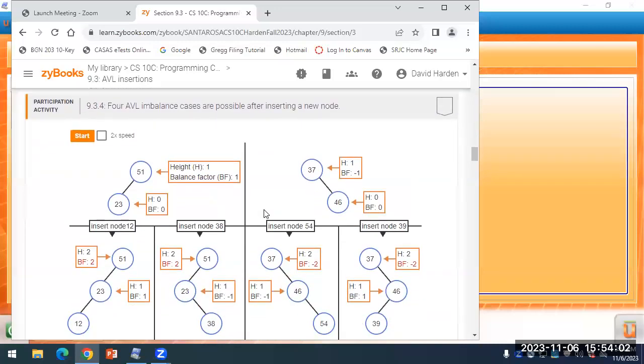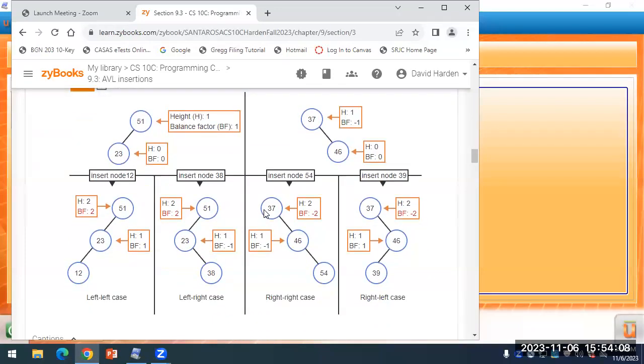Okay, so basically you can divide this into 4 possible cases, right? You're inserting something at the problem node's left child. You're adding something at the problem node's right child.